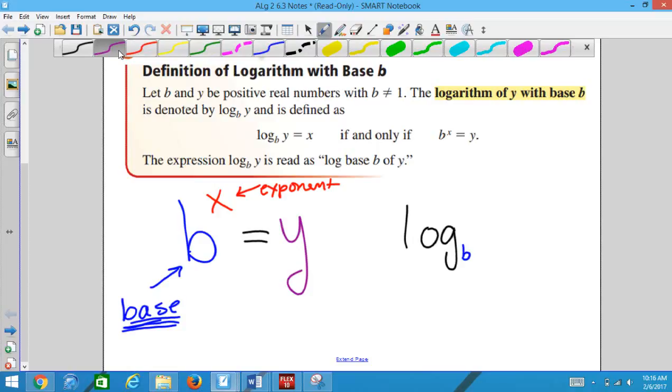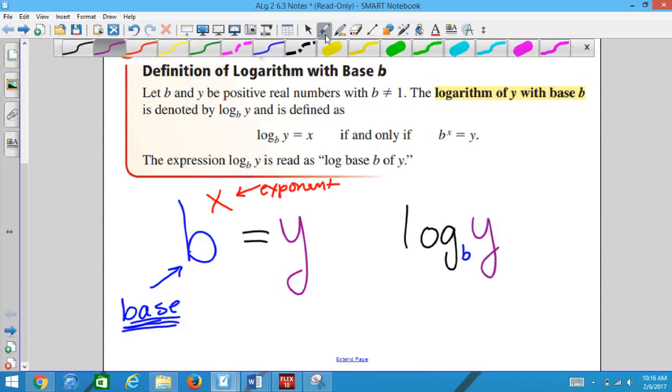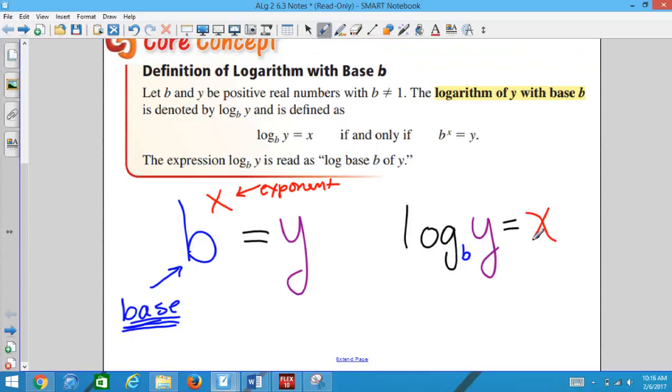The next thing that gets written is y, and then equal sign x.